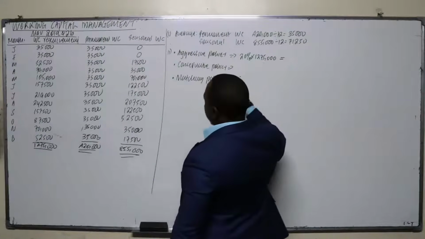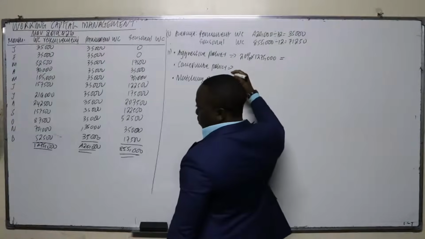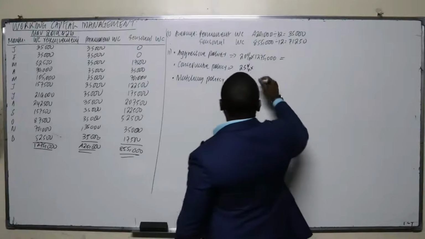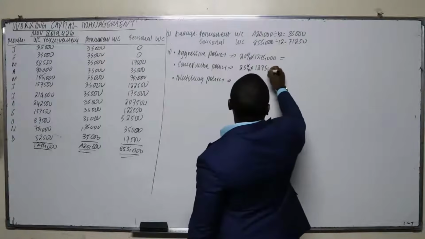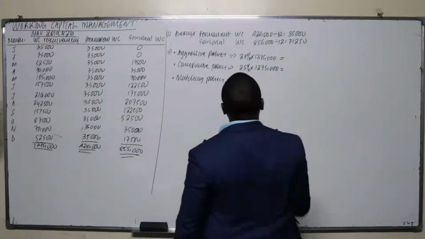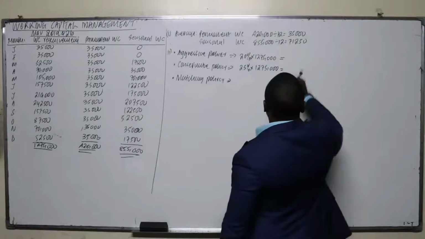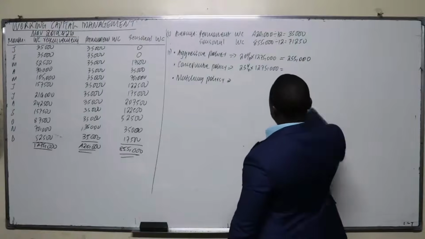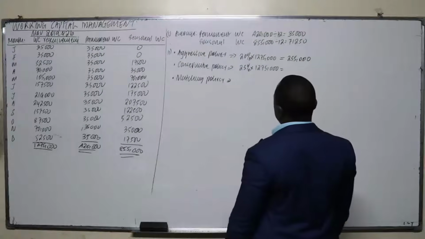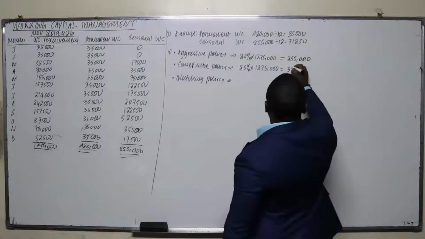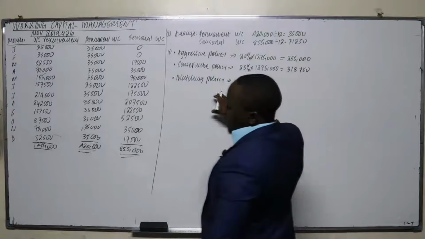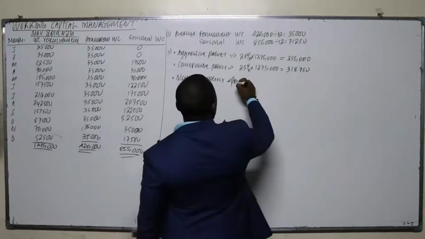Then for conservative, you'll take long-term sources of finance, which is 25% of the total working capital, which is 1275. This is 255,000 and 318,750.